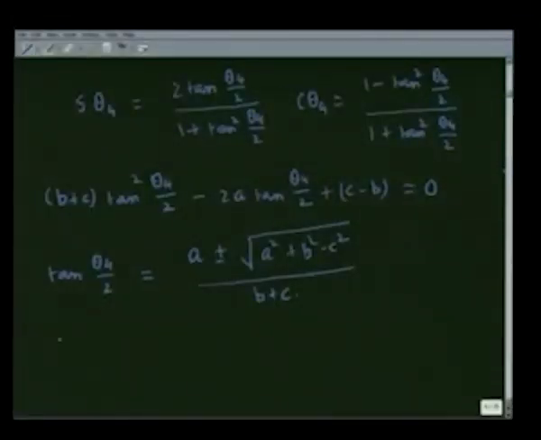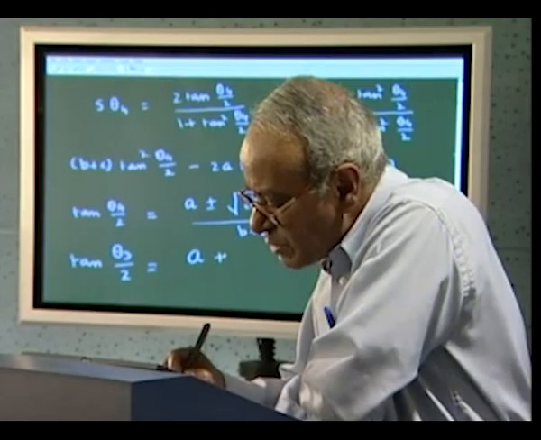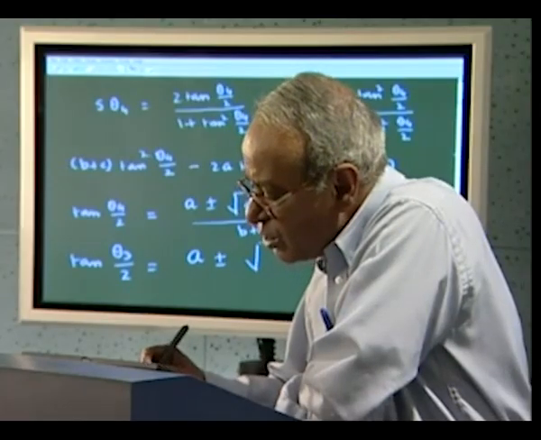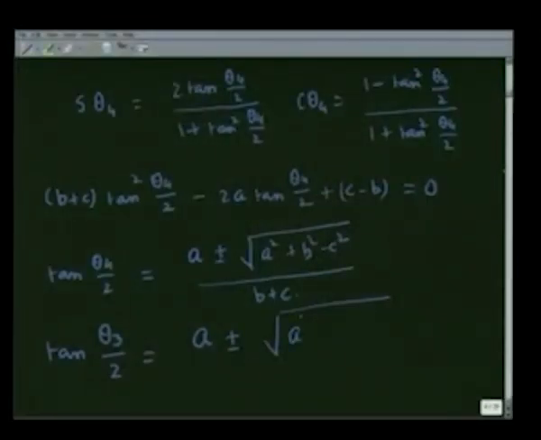So, following exactly a similar method to eliminate theta 4, we can get theta 3, a very similar equation like tan theta 3 by 2 will be equal to A plus minus square root of A square plus B squared minus C prime squared divided by B plus C prime.